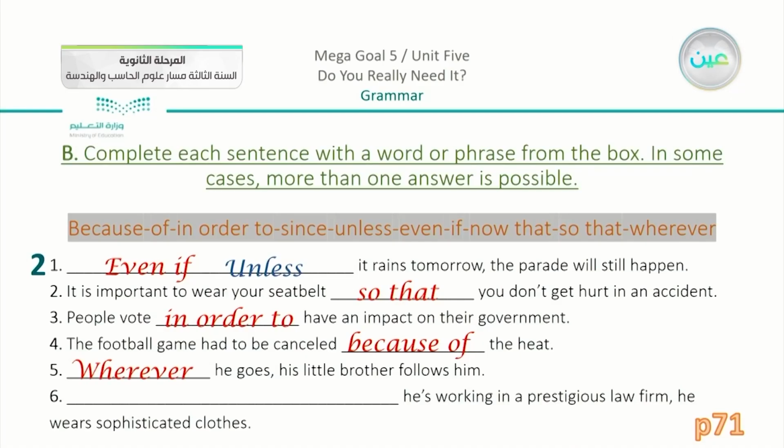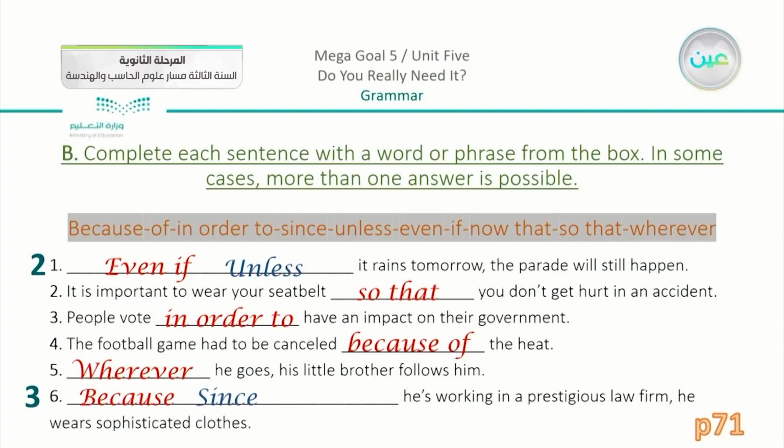And in the last one, number six, we actually have three options for completing the clause. Let's just read the clause first: he's working in a prestigious law firm, he wears sophisticated clothes. So you can show purpose, or a result, for example. We can say, because he's working in a prestigious law firm, we showed reason.